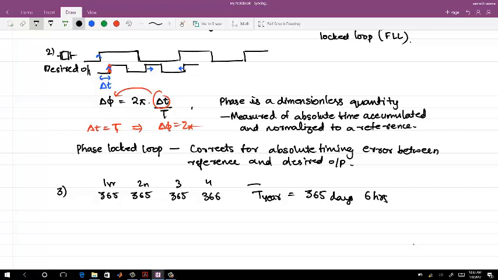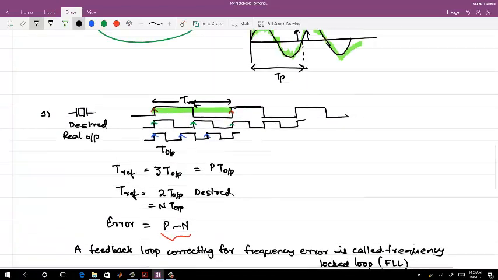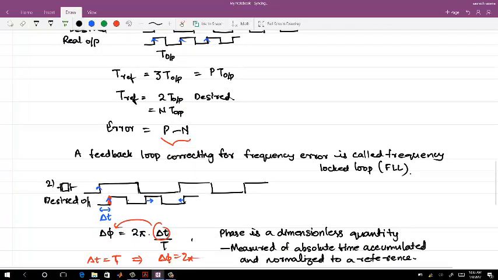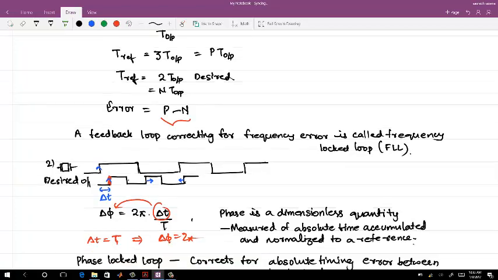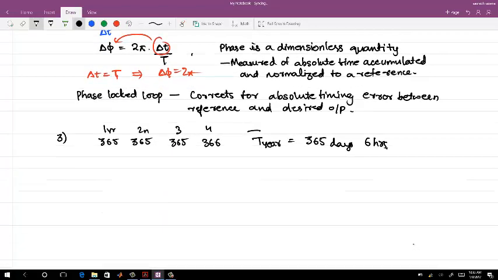In the same fashion, let's say I count for the reference clock. In the first reference cycle, I counted 2 output clock cycles. The second Tref, I again counted 2. The third Tref is 2. And the fourth Tref, I counted 3.